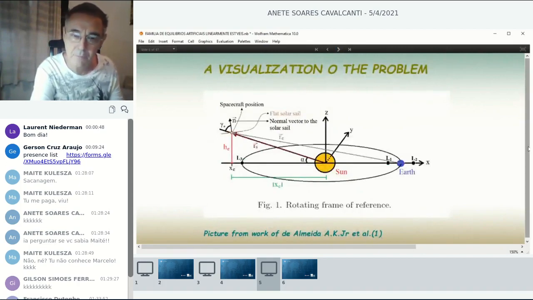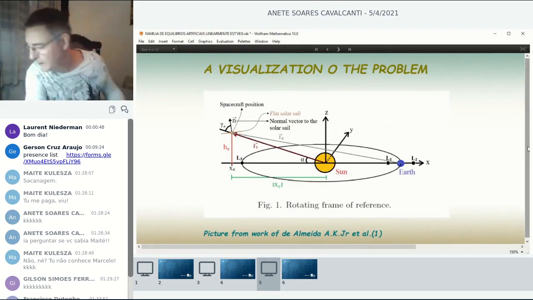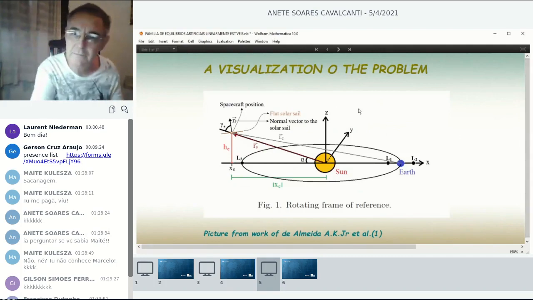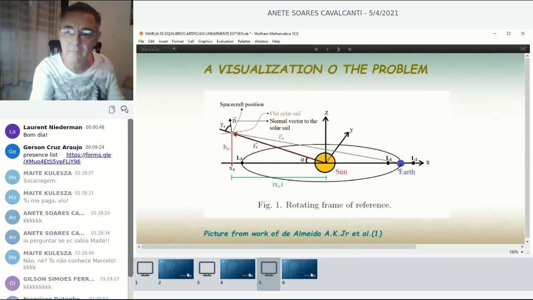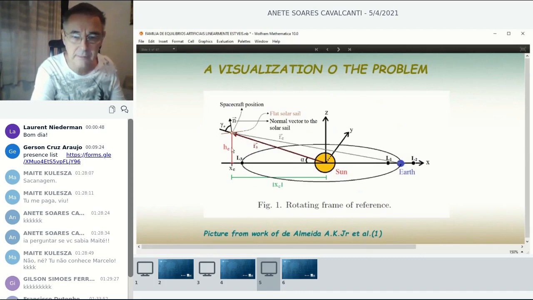All right, here I borrowed this picture from the work of Allan Kardec, Bertacchini, Tadashi, and Sanchez, and it is basically what we're talking about, except that the vertical axis is h, and I'm not going to use these sub-indices e under the gamma, okay? But mainly it is this: the star, the Earth, and L3 is here. So when we include the sail, it is shifted and can be shifted in many directions.